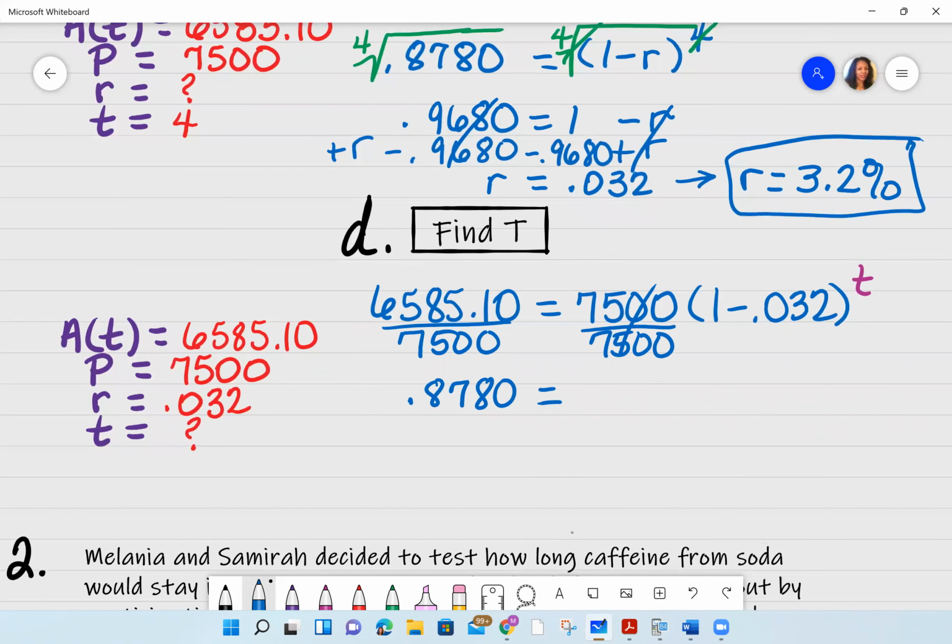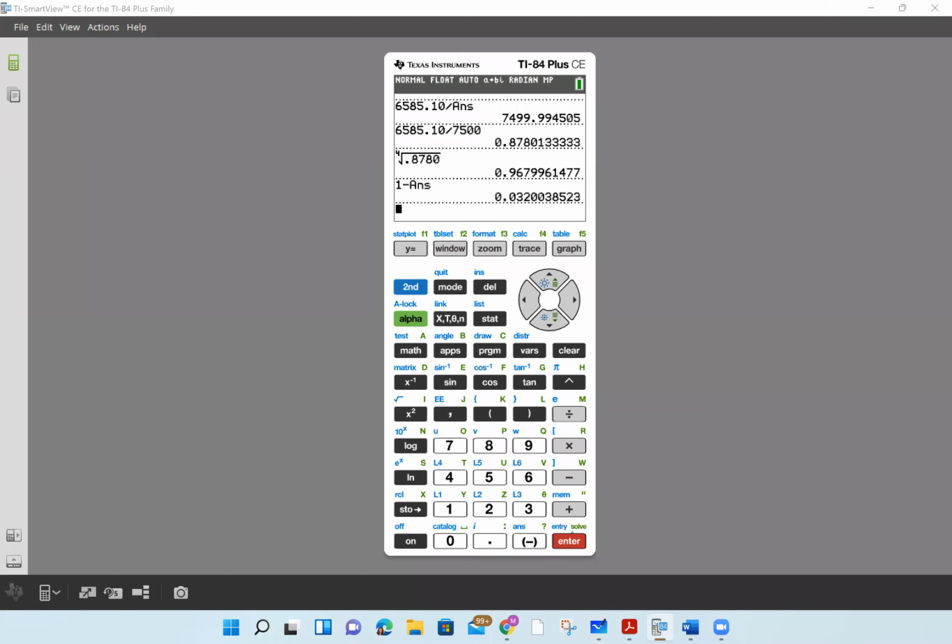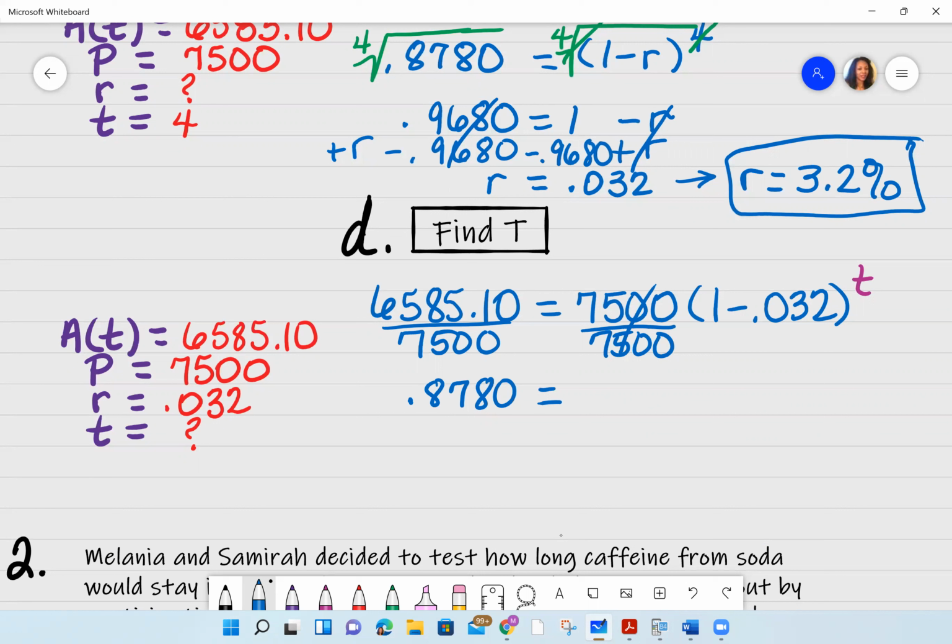And on this side, we want to go ahead and simplify that. So, well, I'll just do it for your sake. So it's going to be 1 minus 0.032, which is 0.968. And we're going to take that and we're going to raise it to the T power.